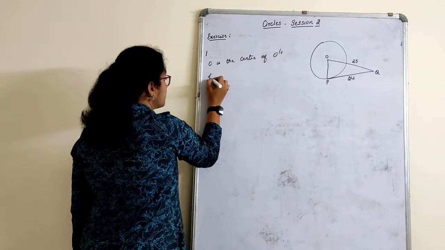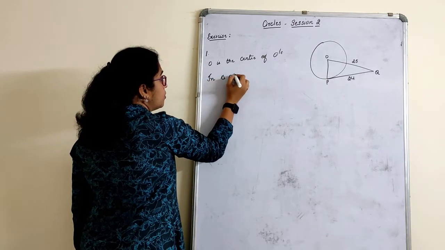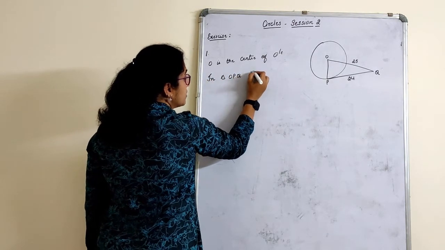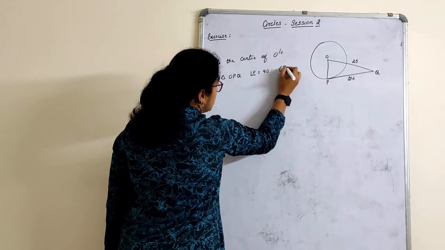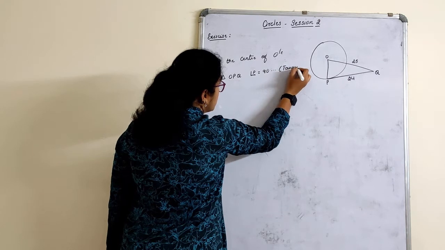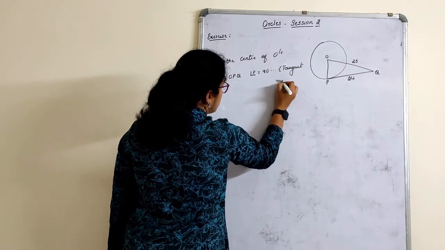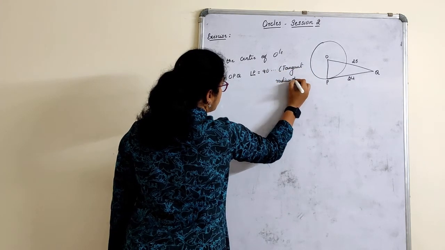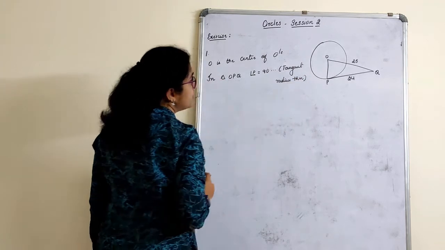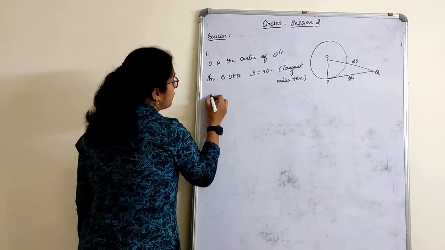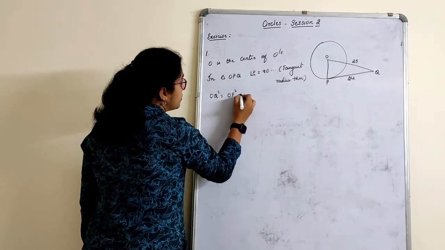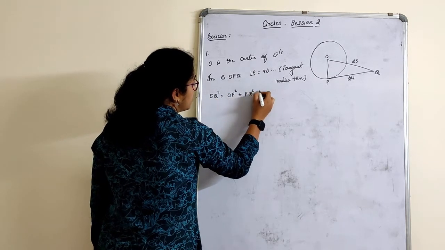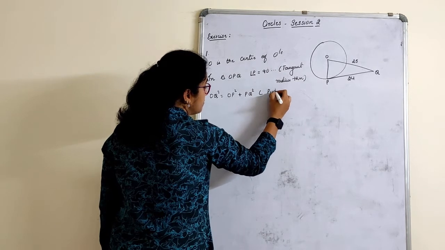Then in triangle OPQ, angle P is equal to 90 degrees. Reason: tangent radius theorem. If not, you know the statement that has to be written. So OQ square is equal to OP square plus PQ square, by the Pythagoras theorem.